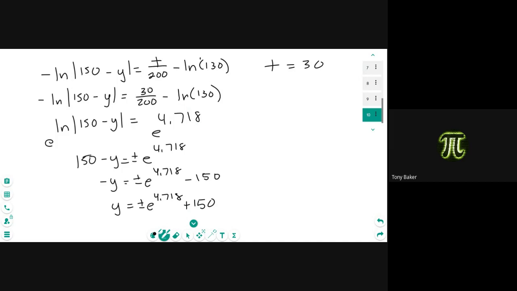So we get Y can equal 261.9 or Y can equal 38.1.